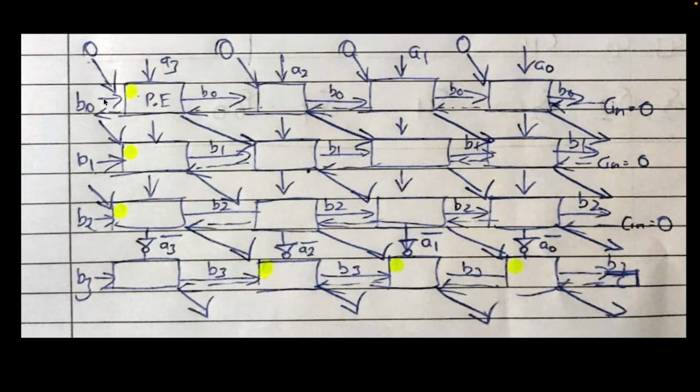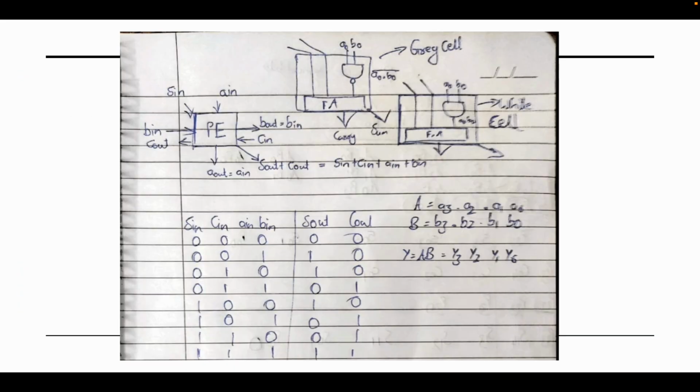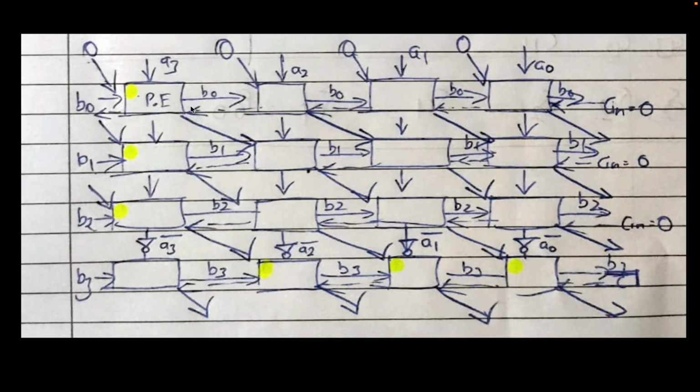Here one thing that you have to notice, when you are giving here, it will be a gray cell because it is involving a3. Whenever this bit is being involved, you'll use a gray cell. Other than here, I'll tell you why this is not having that. So you will have three gray cells, six gray cells, and others will be white cells.